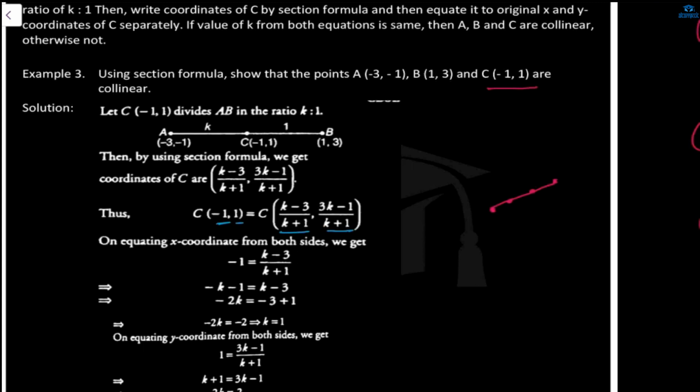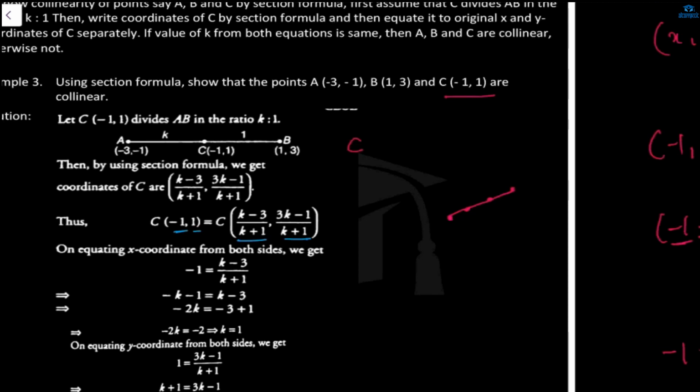Now we are going to apply the section formula. What was the section formula? The value of C, actually the value of minus 1 comma 1, the x, y. I will write the section formula first, because the values are already given.